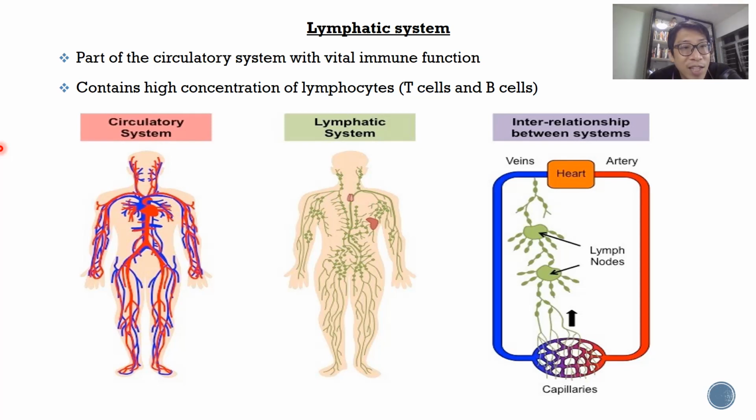When the infected cells get into the lymphatic system, the virus is spread to other parts of the body via the lymphatic system. That's number one. Number two is, we have some dendritic cells and macrophages in the lymphatic system too.